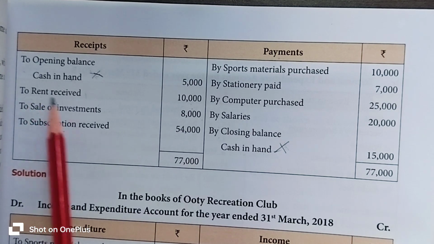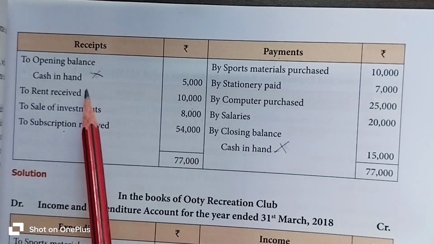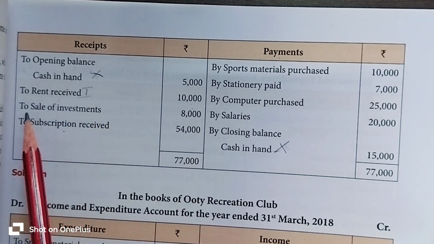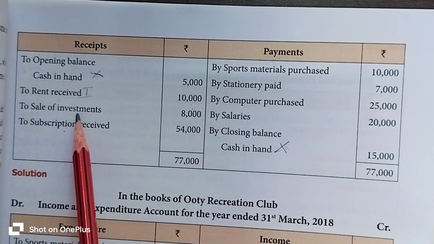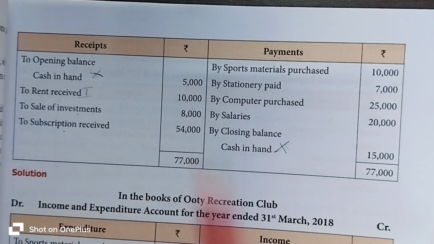Then rent received, received means the income side. Then sale of investment. What is investment? Investment is an asset item. When you sell an investment, you receive cash. That cash received from the sale of an asset is called a capital receipt.